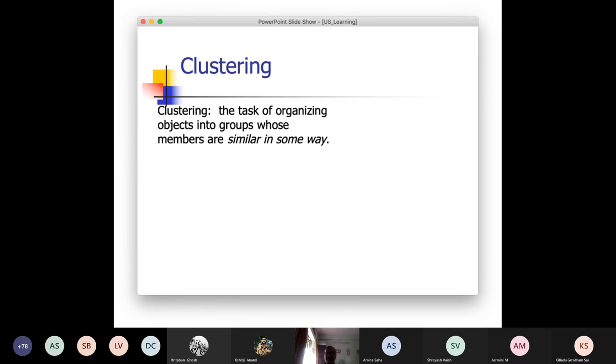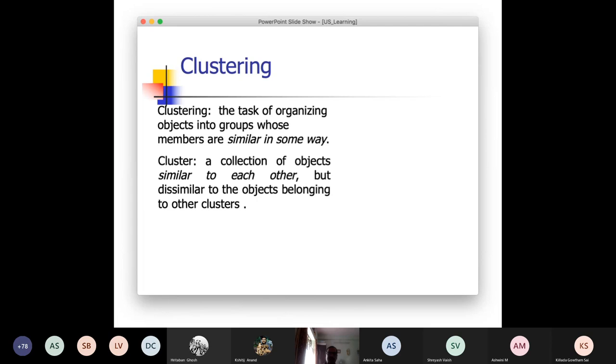So clustering is a very well-used term, and that is the essence of unsupervised learning, the very core concept. Clustering means the task of organizing objects into groups whose members are similar in some way. You see that this is a kind of loose definition of similarity, not a very hard definition of a cluster.